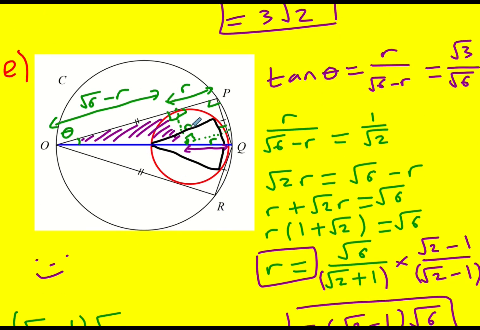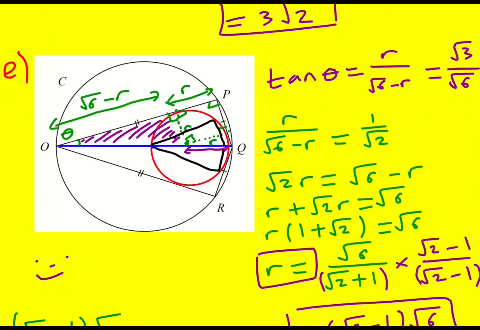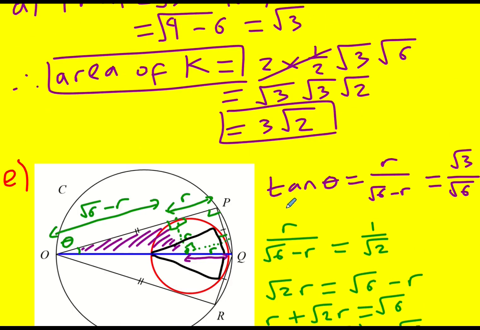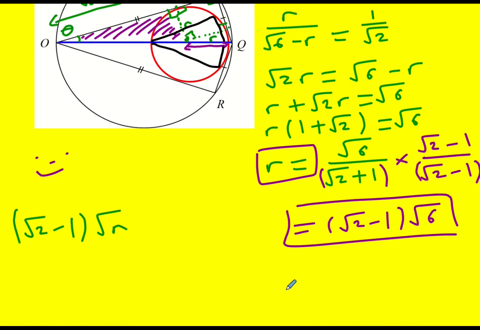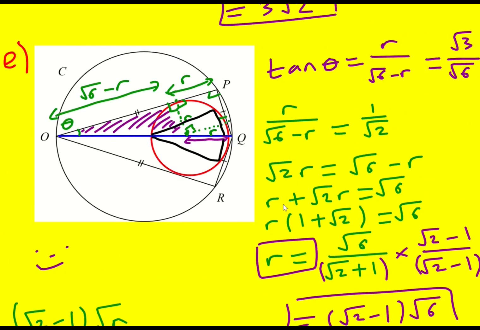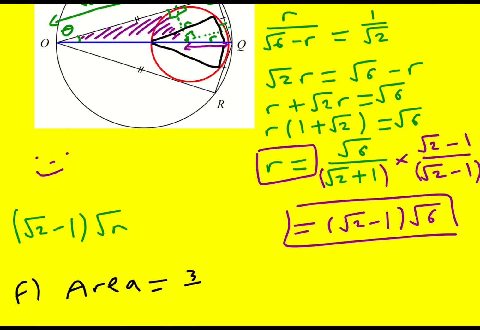Now remember, we know the area of the big kite. I've forgotten what it was, but here we are, 3 root 2. So the area is going to be 3 root 2 multiplied by an area scale factor.